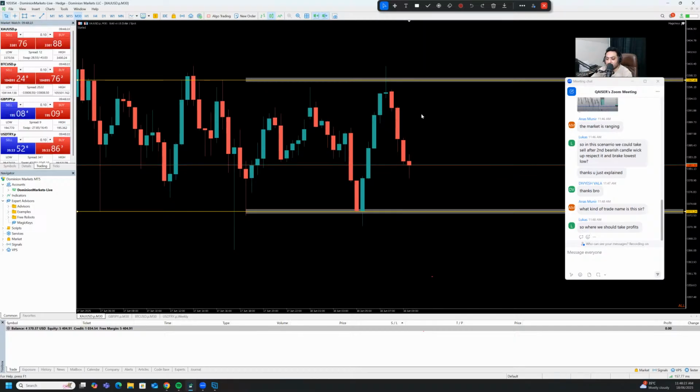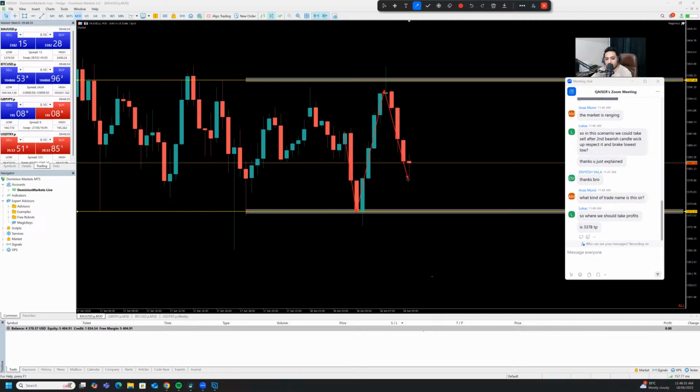Bounce 1, bounce 2, bounce 3. What does it mean? This is bounce 1, this is bounce 2, this is bounce 3. So what is the probability that if it comes down and creates a support, it will bounce again, a bounce 4?